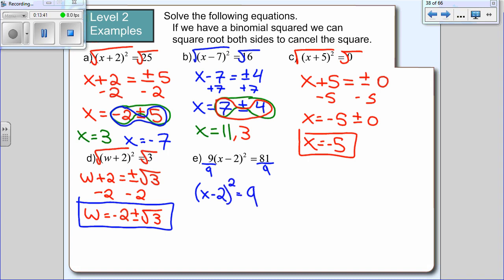Now you can square root both sides. x minus 2 equals positive or negative 3. That means x equals 2 plus or minus 3. x equals 5 or negative 1. Those are your two solutions. So x equals 5 as situation 1, or it equals negative 1 as situation 2.